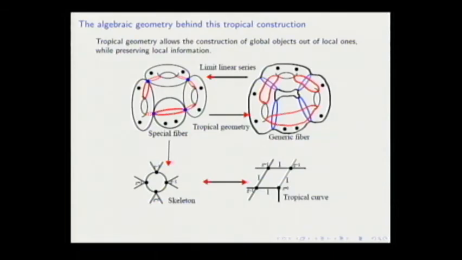Limit linear series takes you from a smooth object to a singular object, and tropical geometry is the opposite way. It takes a singular object and somehow gives you a global smooth object such that the local information that you had on the red part, which is the real part of your curve, is preserved here. So we managed to have all the points here. They passed through the generic fiber, but we got 6 more points.